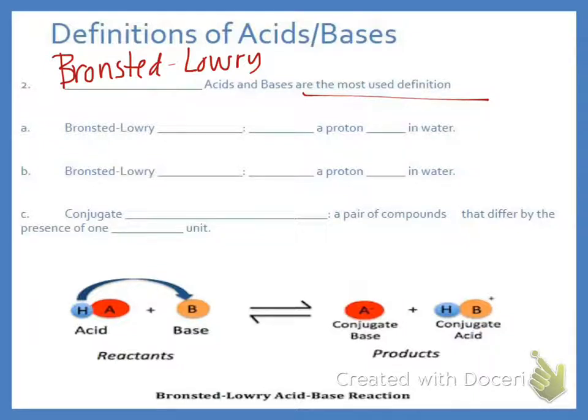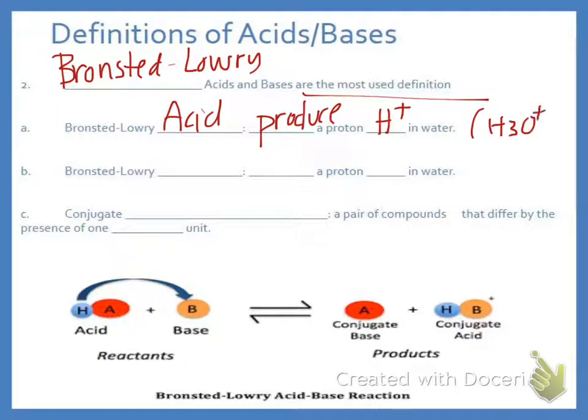Its definition is slightly different, and it allows more things to be classified as an acid or a base. So the Bronsted-Lowry acid produces a proton, which is going to be an H plus. Or it might produce that H3O plus, the hydronium. We use those interchangeably.